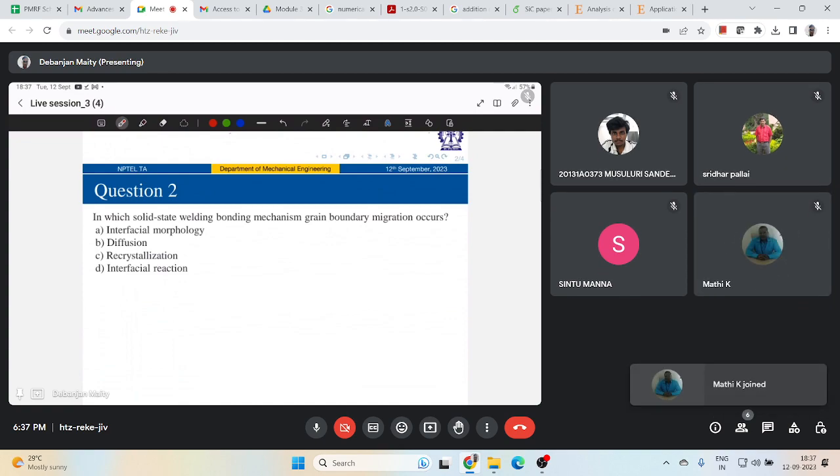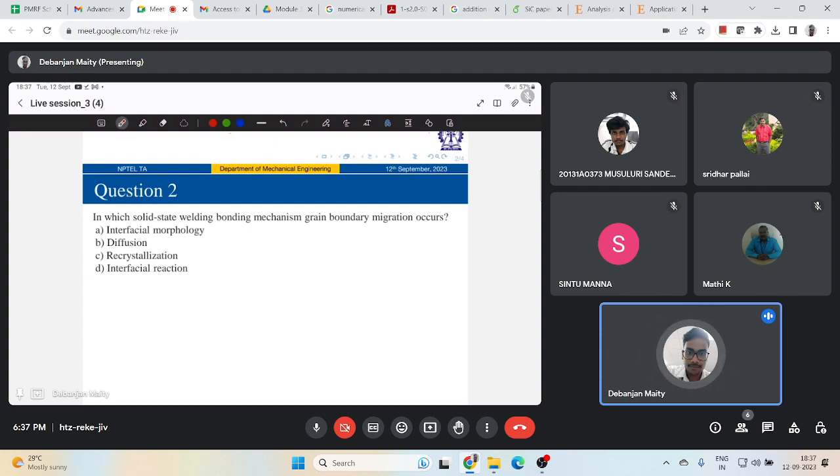Now, in the second question, it says, in which solid state welding bonding mechanism does grain boundary migration occur? I just mentioned it. Can you, sir, tell me the answer? Recrystallization. Right.